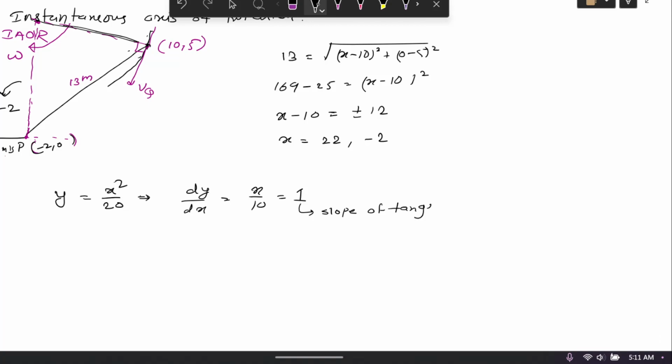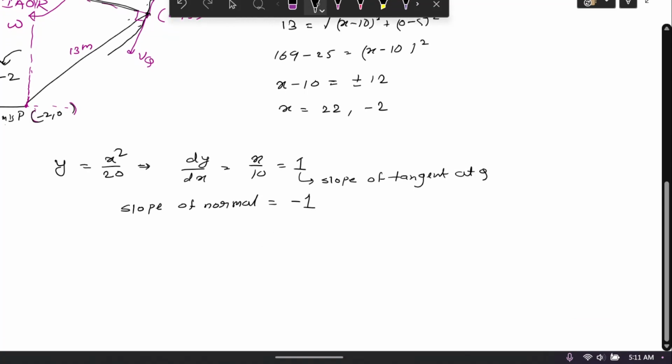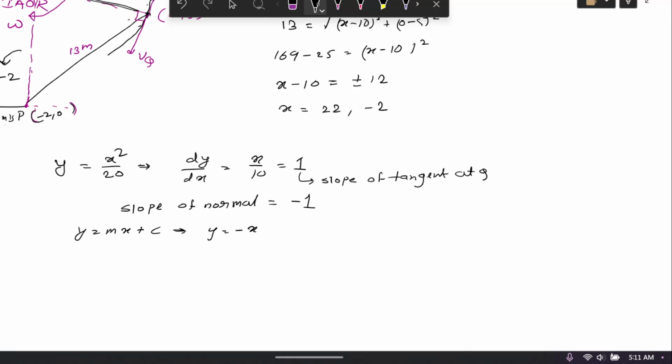So the slope of the normal is simply minus 1, perpendicular. We can use the straight line equation y is equal to mx plus c, so y is equal to minus x plus c.